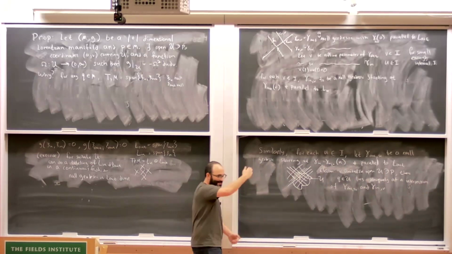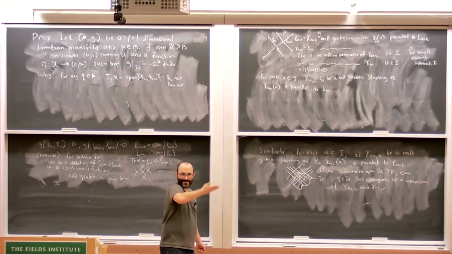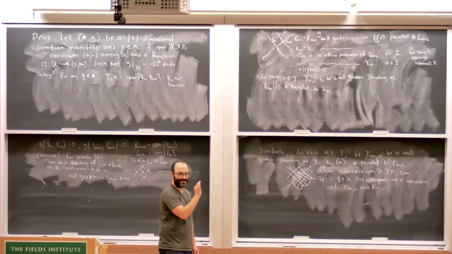So in other words, you have all these lines going in, all these lines going out, and every point lies uniquely on some intersection.